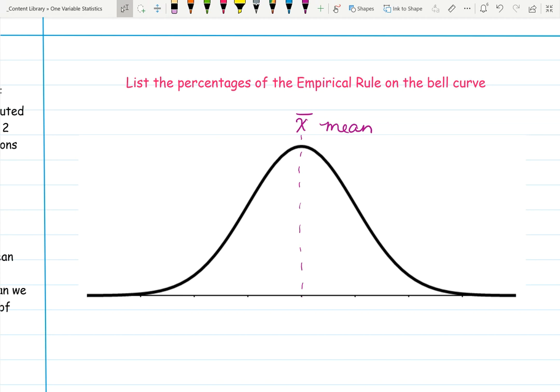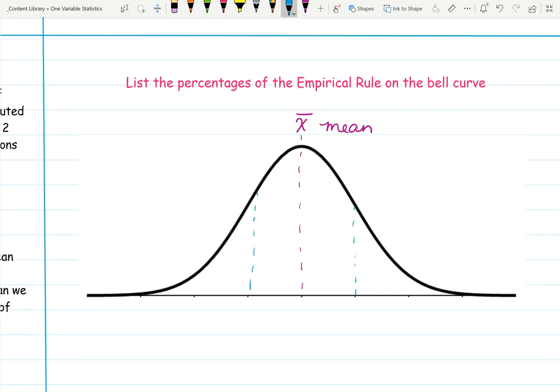So the empirical rule. Our mean is in the middle of our normal distribution, because again, if we have a normal distribution, the best measure of center is the mean. It's the most accurate. So I'm just going to split this up.